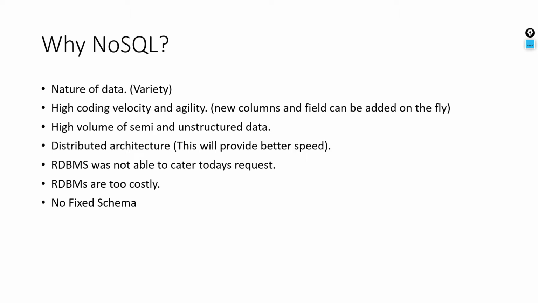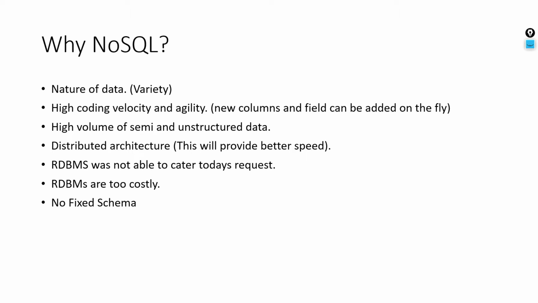So why NoSQL? Because the nature of data was unpredictable. There was a huge variety of data. The variety of data was no longer consistent, which the RDBMS were handling. So when such data started flowing in from the internet and IoT applications, we needed a different variety of database to cater to the needs.